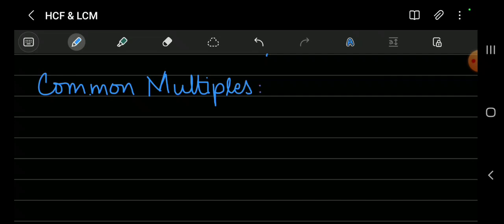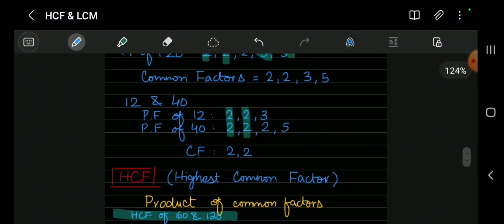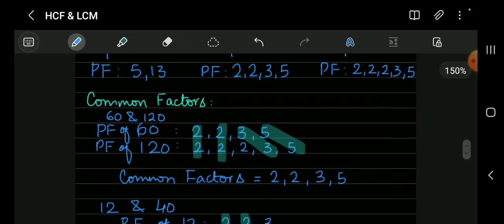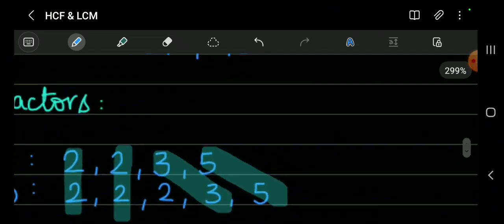Okay, common multiples. There is one way of finding common factors and common multiples, and this is the listing method.